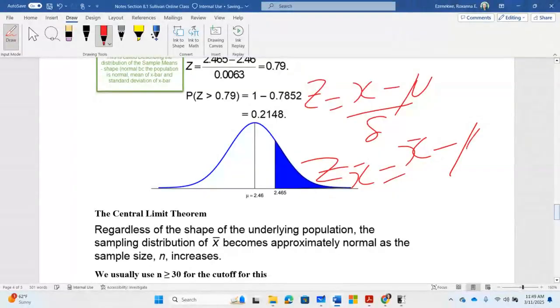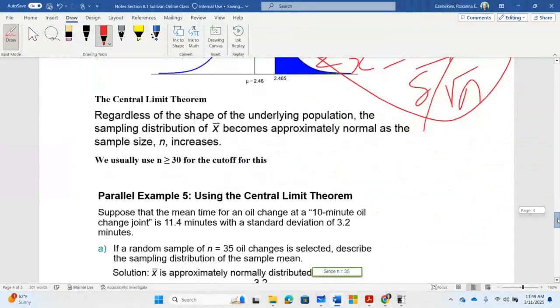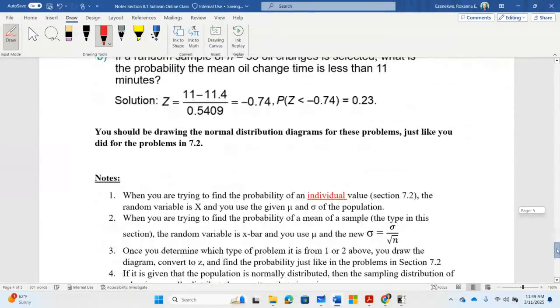The standard error is the standard deviation of the central limit theorem. All right, we are going to go to our practice test and look at some questions.